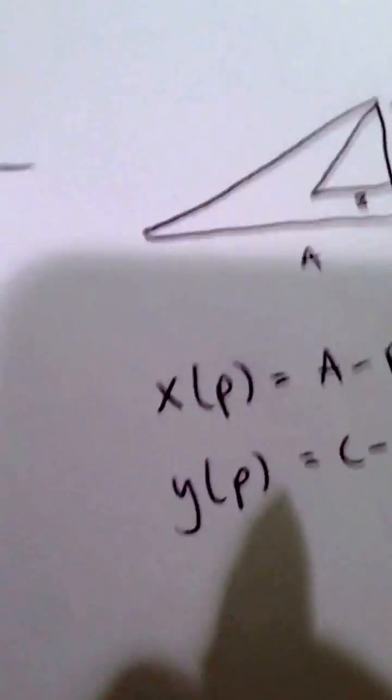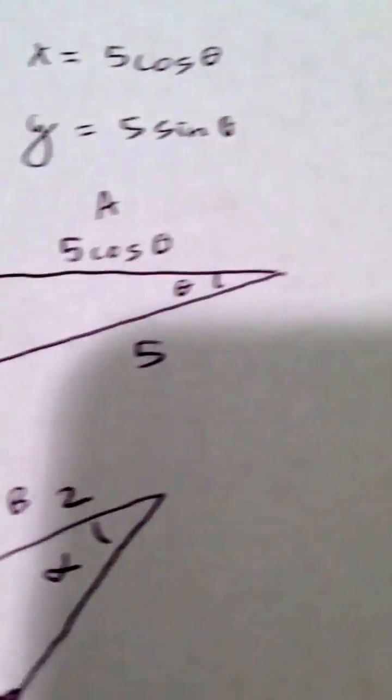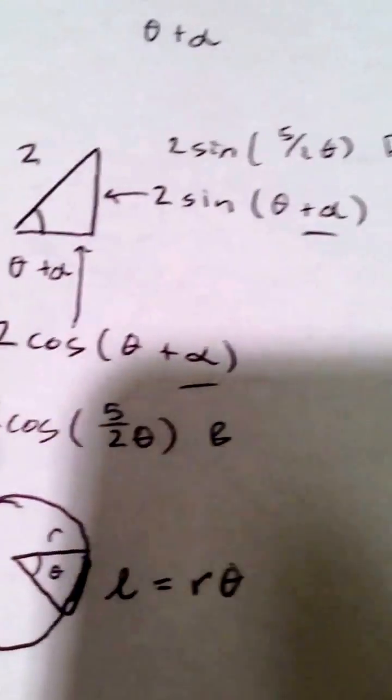So for the x direction, we need A minus B. So A is 5 cosine of theta, and then we have our B, which is 2 cosine of 5 halves theta. So now we're writing in terms of theta, because that's our variable for a parametric equation.